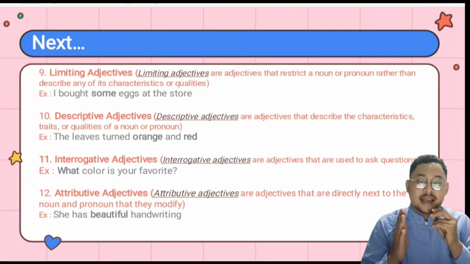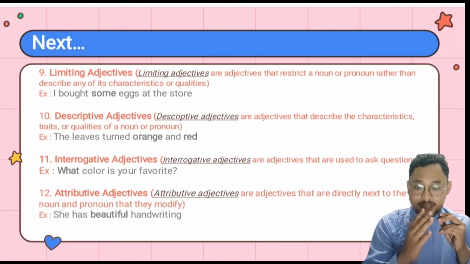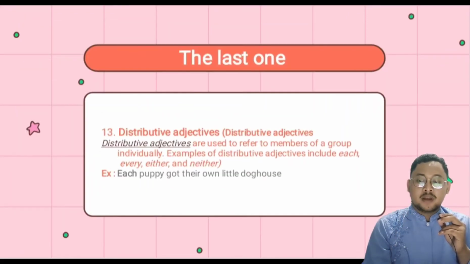And the next, attributive adjectives. Attributive adjectives are adjectives that are directly next to the noun or pronoun that they modify. Example, she has beautiful handwriting. And the last one is distributive adjectives.